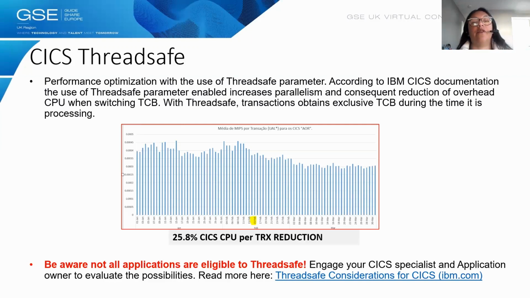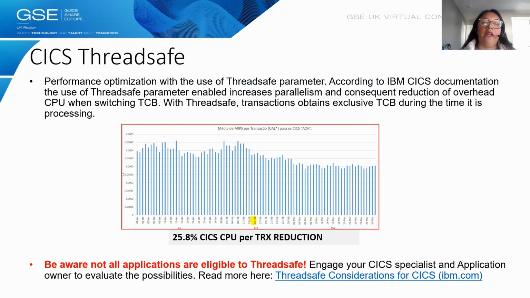The majority of the clients or the majority of the environments out there heavily use CICS, right? And one interesting method to optimize the CPU cycles per transaction is to evaluate, of course, if you apply CICS thread safe, you will parallelize, or you execute transactions in parallel, and not all the applications are eligible for that type of parallelism.